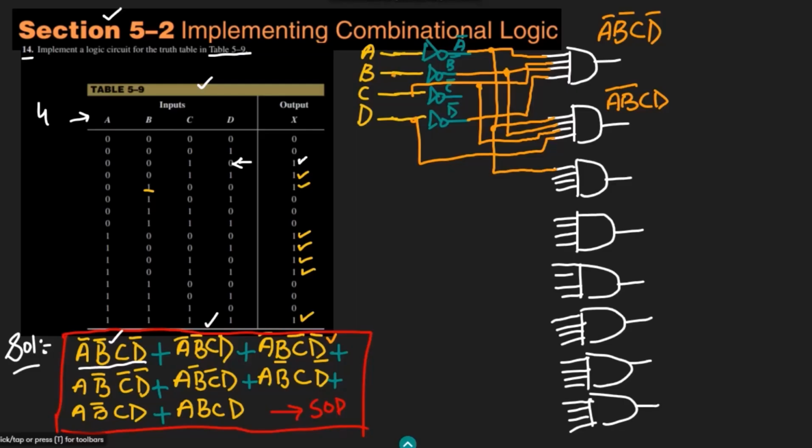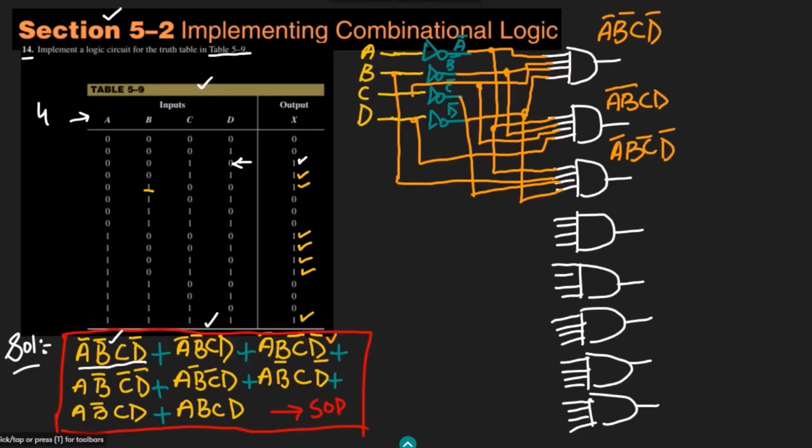Let me use this B from here, and C complement is from here, and then the last one is D complement as well. So the D complement will be from here. So it will be A complement, B, C complement, D complement.